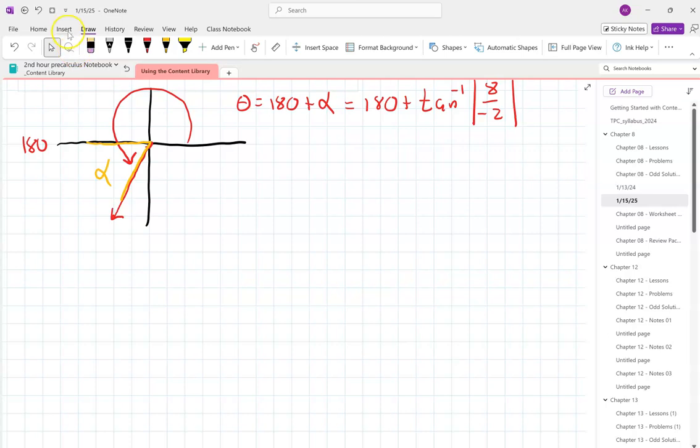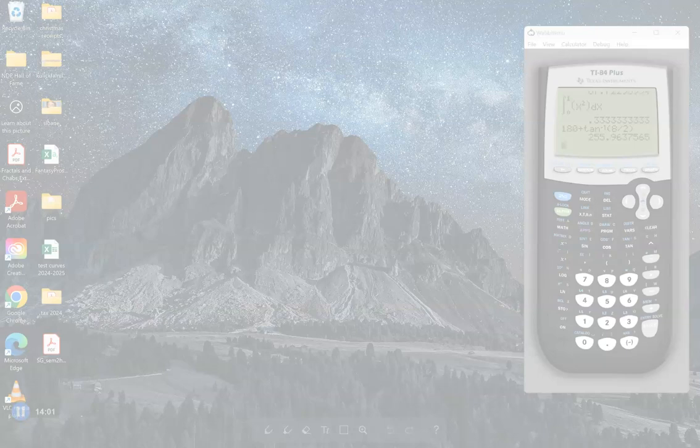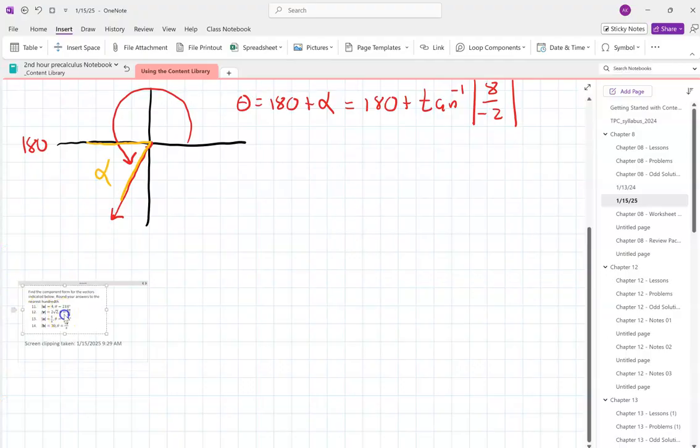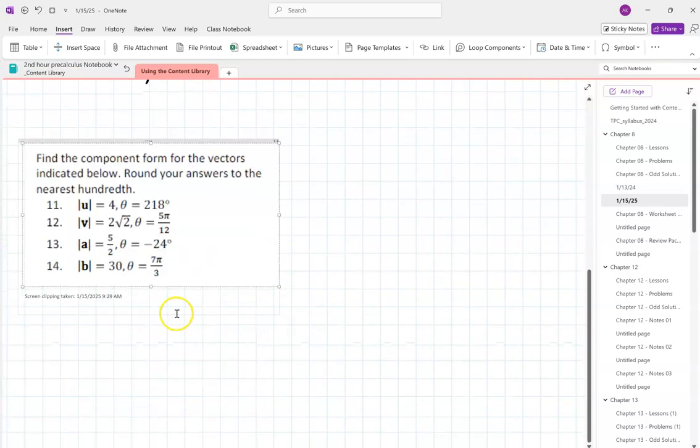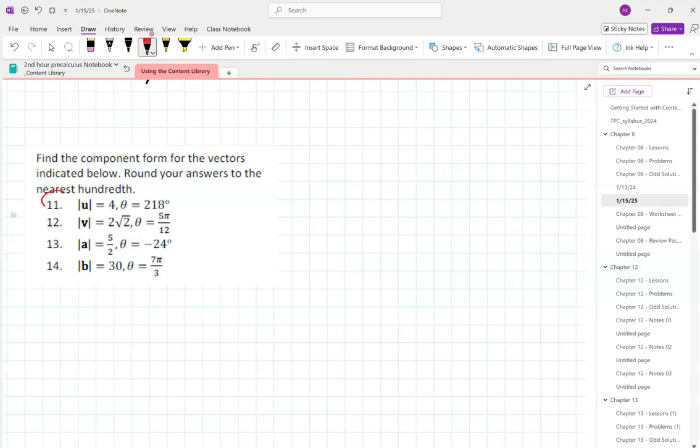Do you remember how to go from magnitude and direction to component form? So to do this, all I need to do is magnitude times cosine of the direction, magnitude times sine of the direction.